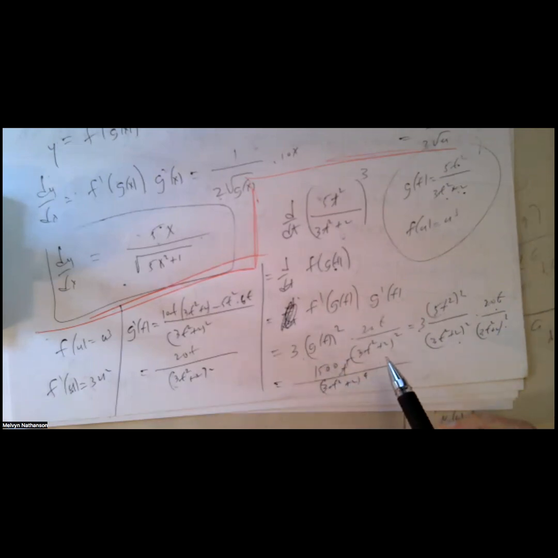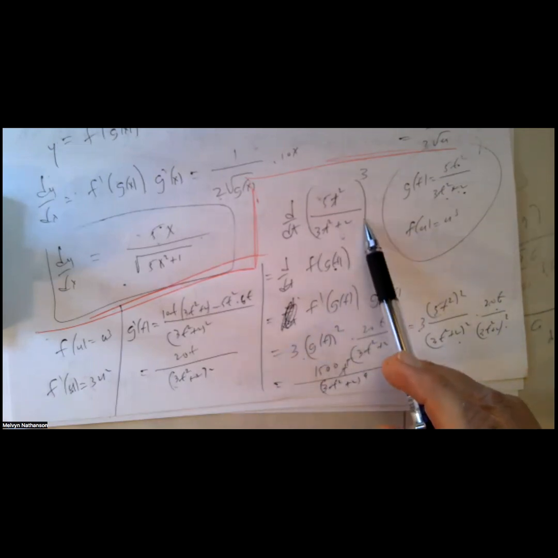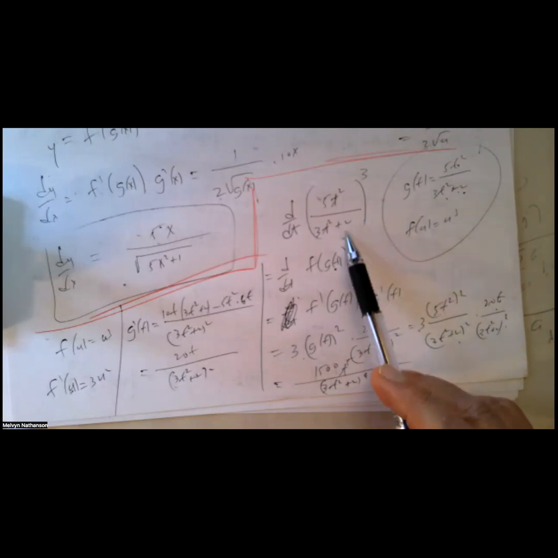So if you do the arithmetic, the derivative of this function, which is the cube of a rational function, is 1500t to the fifth over 3t squared plus 2 raised to the fourth power. That's something we'll give a star to.